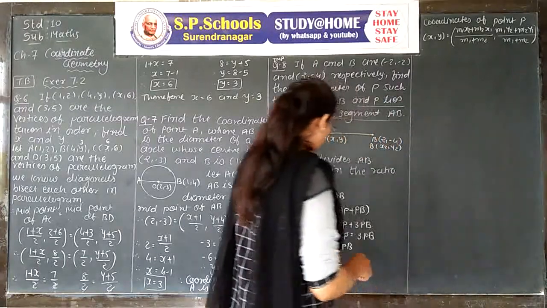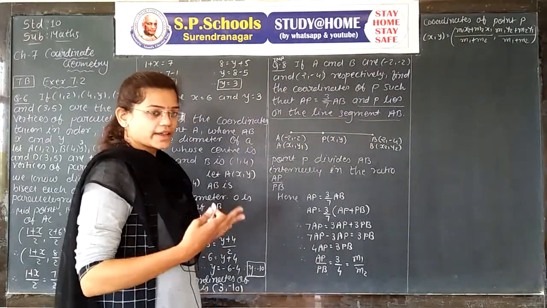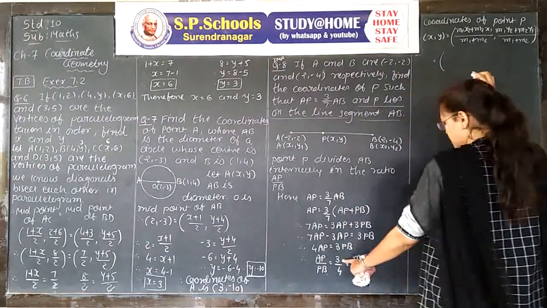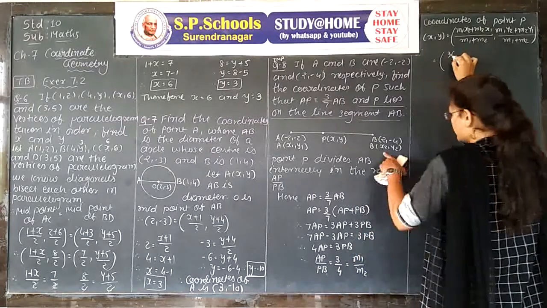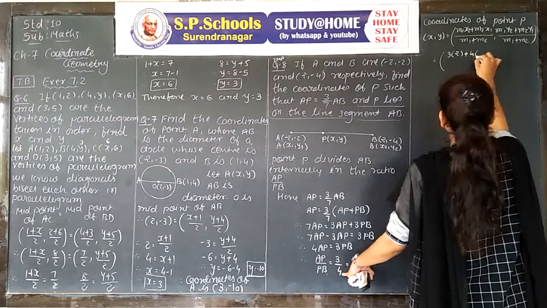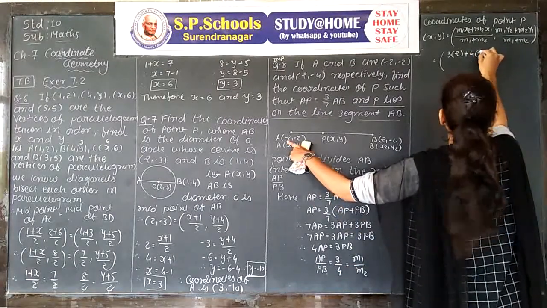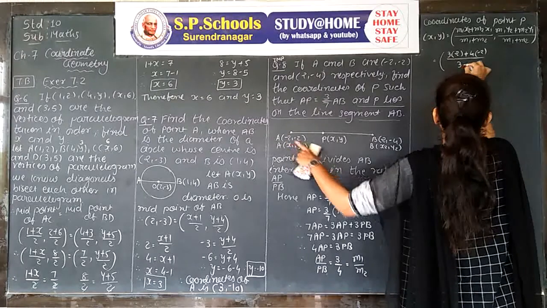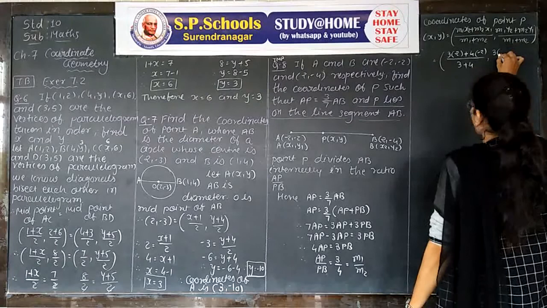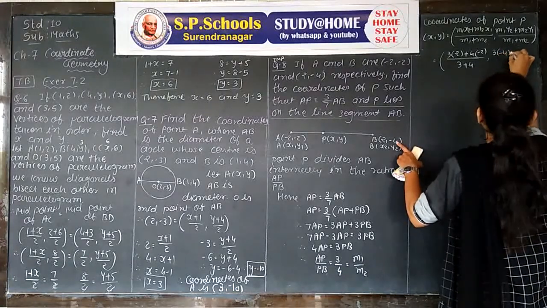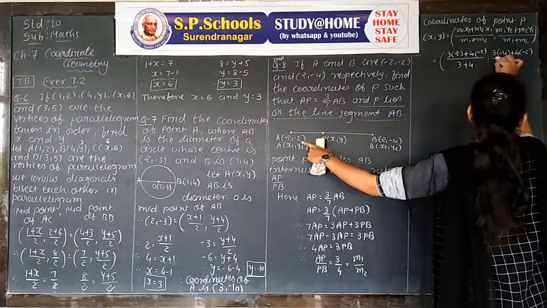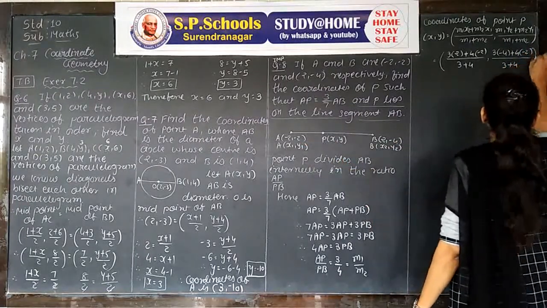Now we substitute all the values of m1, m2, x1, x2 and y1, y2, where m1 is equal to 3, x2 is equal to 2, m2 is equal to 4, x1 is equal to minus 2, upon m1 plus m2, which is 3 plus 4, comma m1 is 3, y2 is equal to minus 4, m2 is equal to 4, y1 is equal to 2, upon 3 plus 4.